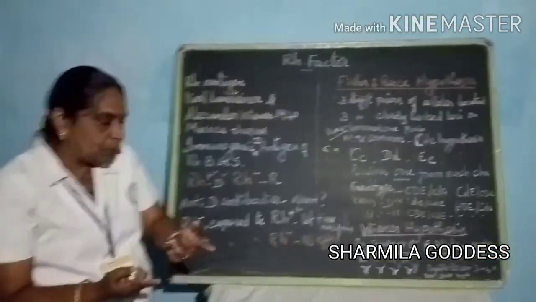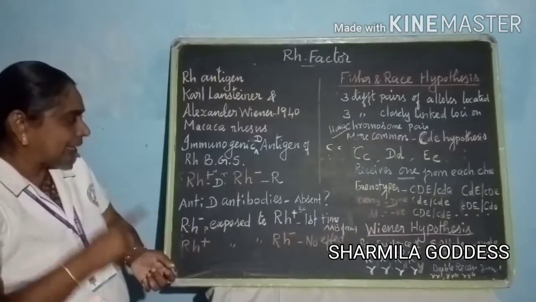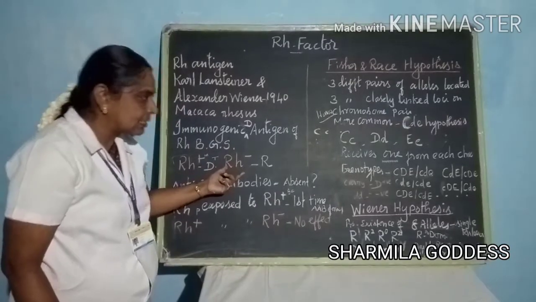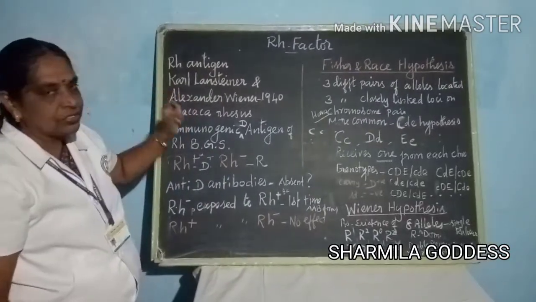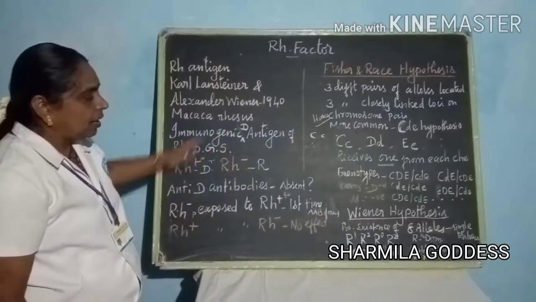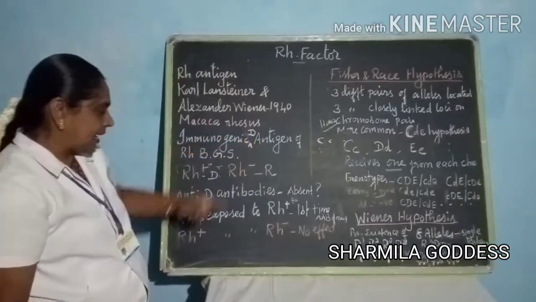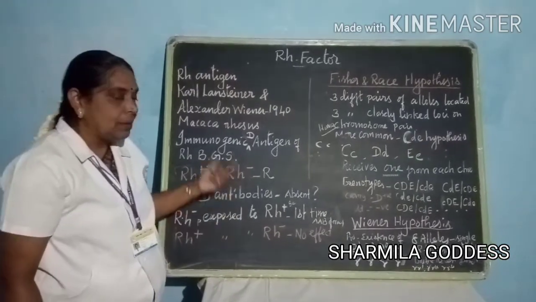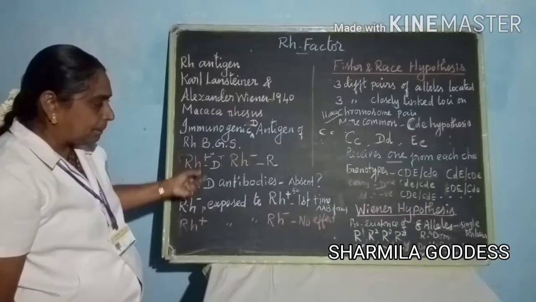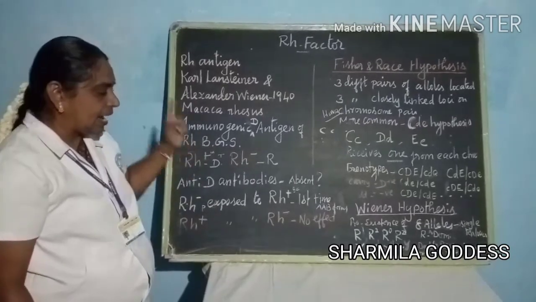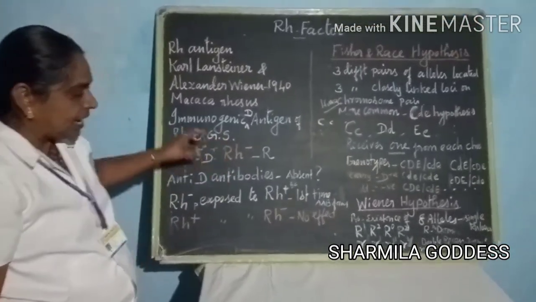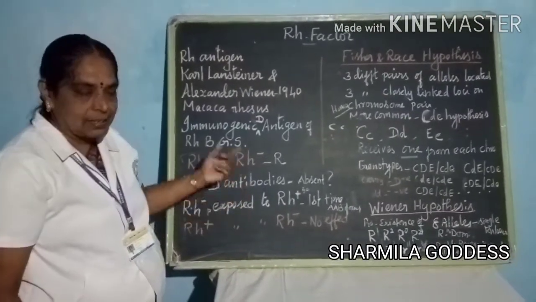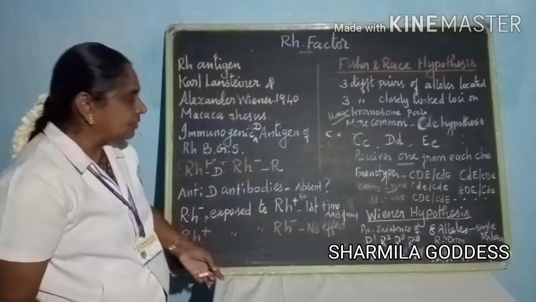To understand that, you must have a clear idea of what is RH positive and RH negative, which antigen plays a great role in determining the RH factor, when the anti-D antibody is produced, and what the role of anti-D antibodies is. It plays a role in erythroblastosis. Then we will see it in the next class.